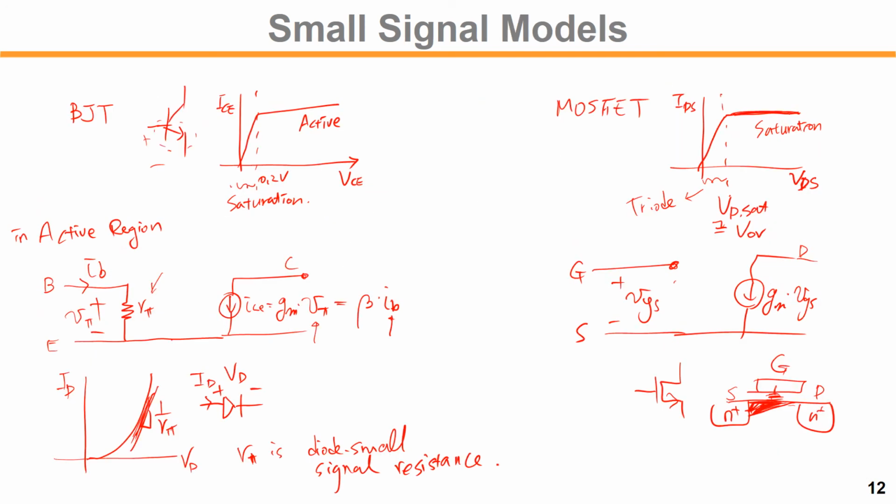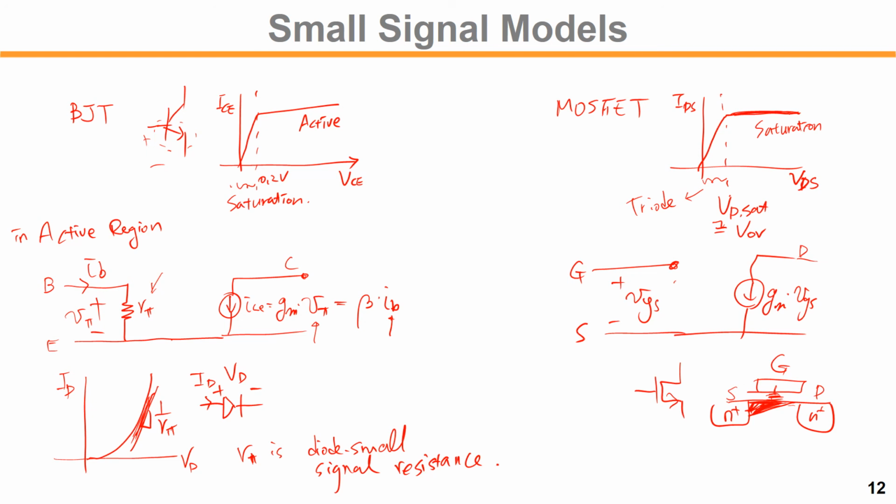Let's take a quick comparison between the BJT small signal model and the MOSFET small signal model. For NPN shown here, we have a saturation region below VCE of 0.2, less than 0.2, and above that we have an active region.